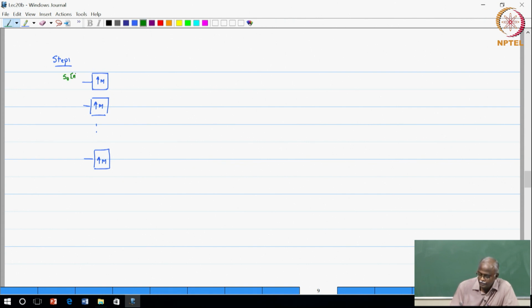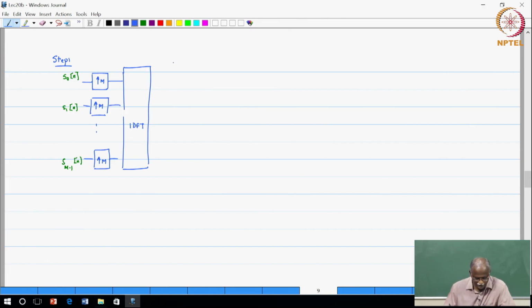This is the sequence S0 of n, this is the sequence S1 of n, this is the sequence SM-1 of n, and after this comes the IDFT, followed by the delay chain and the adder.